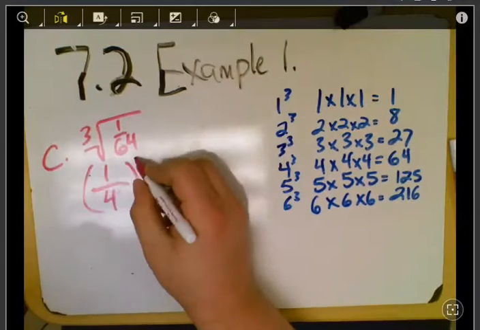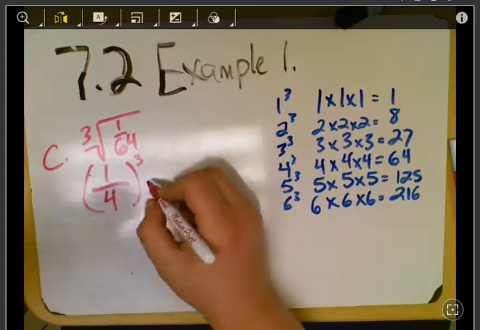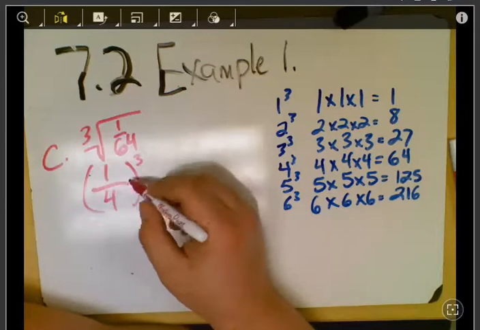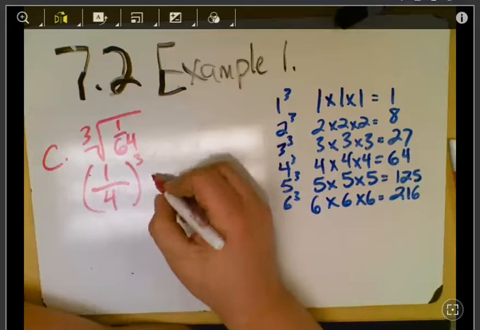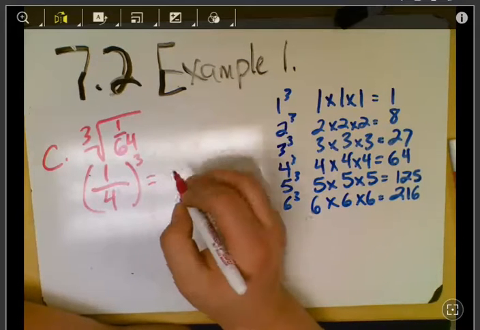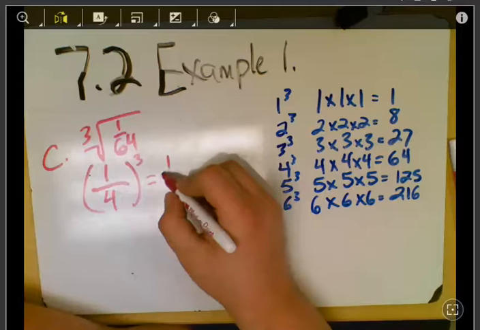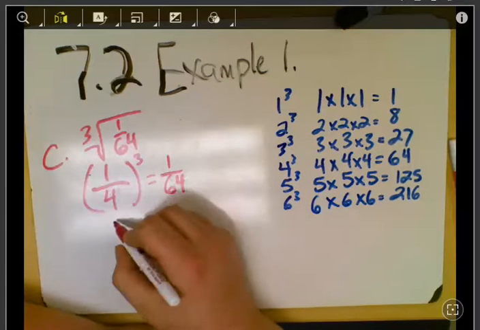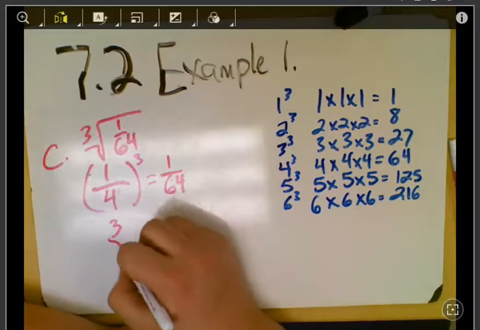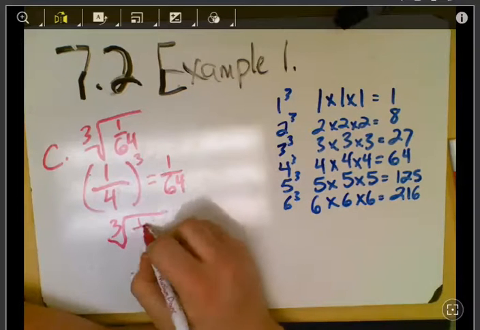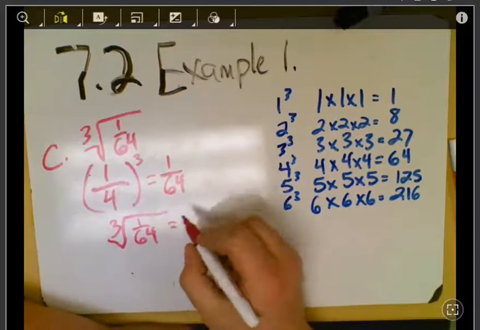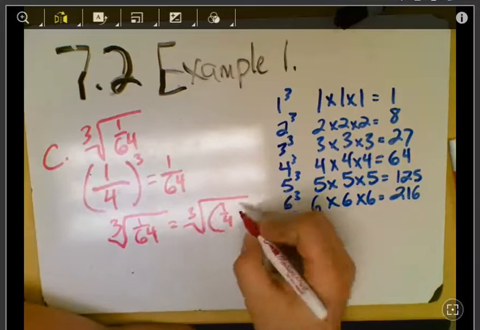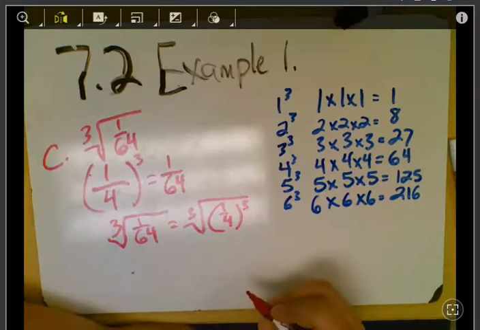So 1/4 to the third power equals 1/64th. And so from knowing that, we know that the cube root of 1/64th is the same as the cube root of 1/4 to the third power.